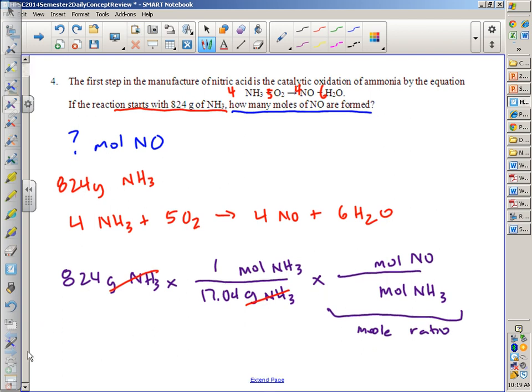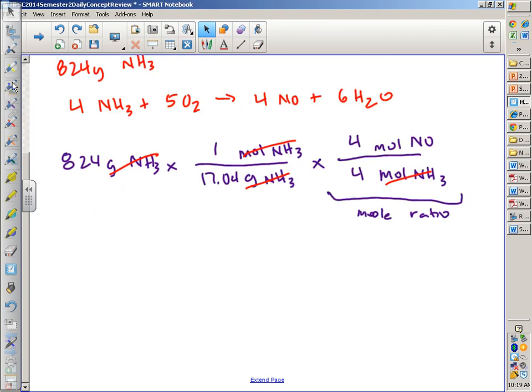We can compare moles of one thing to moles of something else, right? And in our mole ratio, we get our numbers from our balanced equation, right? 4 is the coefficient in front of nitrogen monoxide. 4 is the coefficient in front of ammonia. Moles of NH3 cancel. The only thing we're left with unit-wise is moles of NO. So then we just run that through our calculator. Basically 824 divided by 17.04.